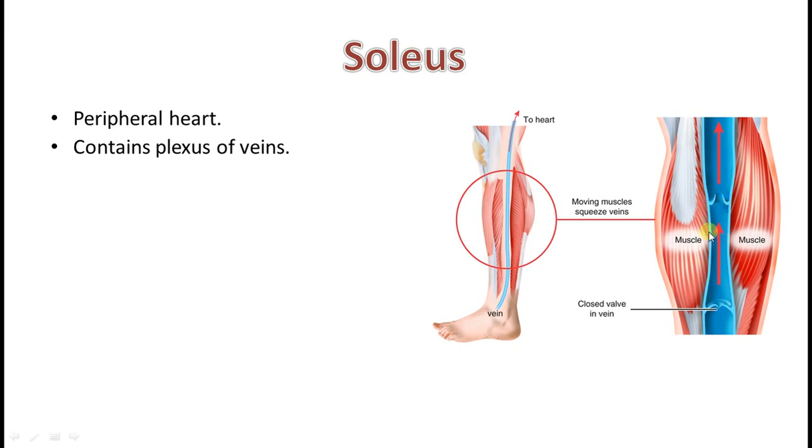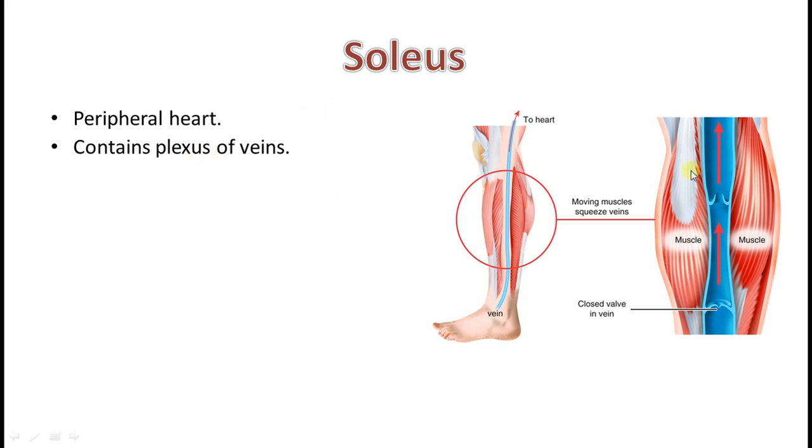The valves prevent the backward flow of the blood. So it is pierced by numerous perforating veins which connect the deep veins and the superficial veins.